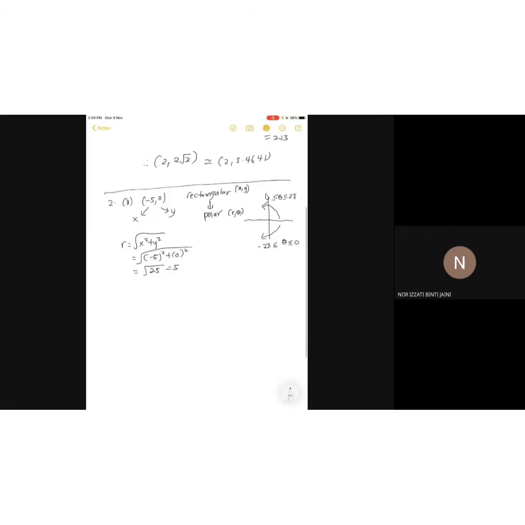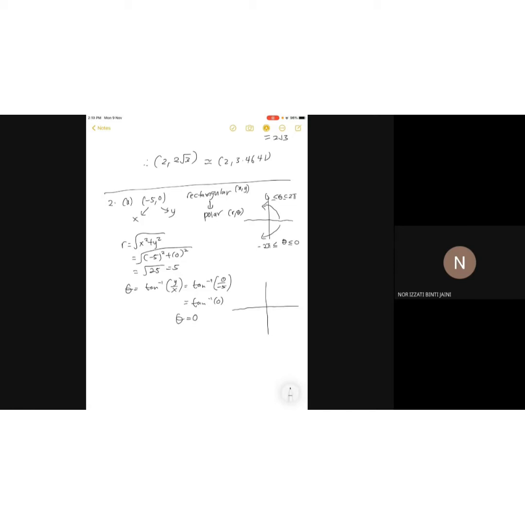Theta is arctangent y over x, which is... okay, so you tekan calculator, you akan dapat kosong. Okay, this one not necessarily to be your answer, the theta equals to 0, because you have to check kat mana point tu berada.